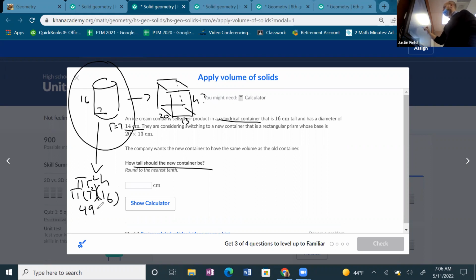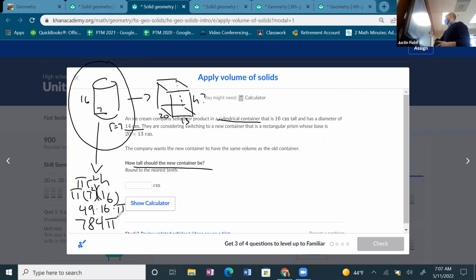49 times 16 times pi. 49 times 16, 784 pi. So that's our volume.